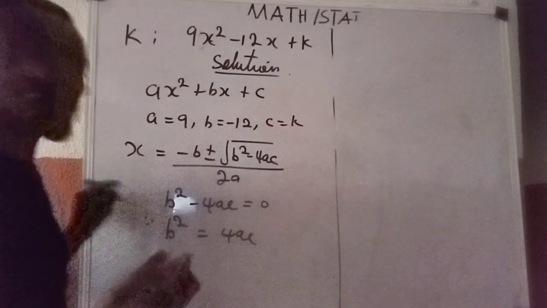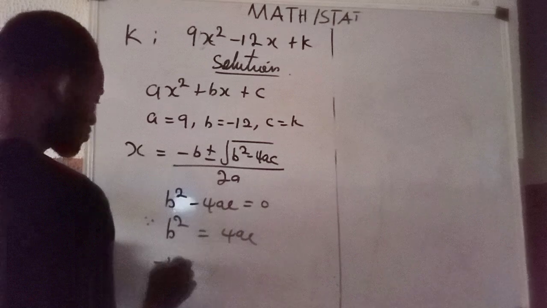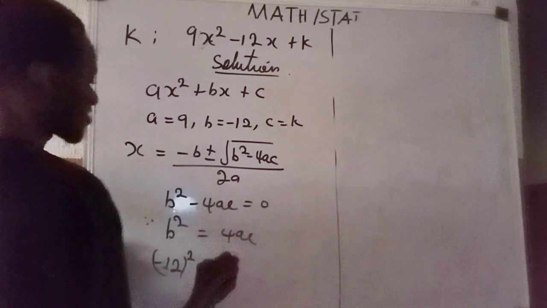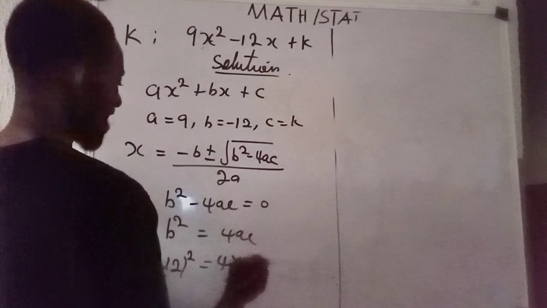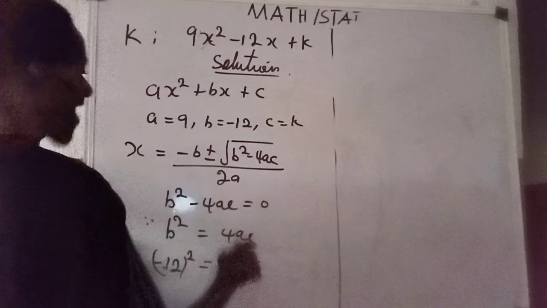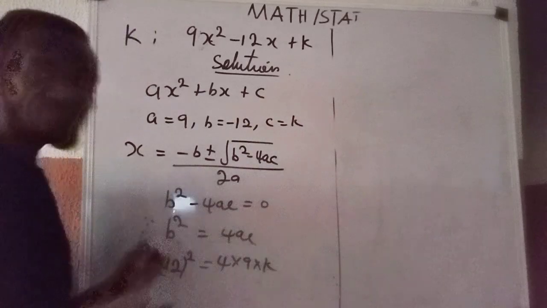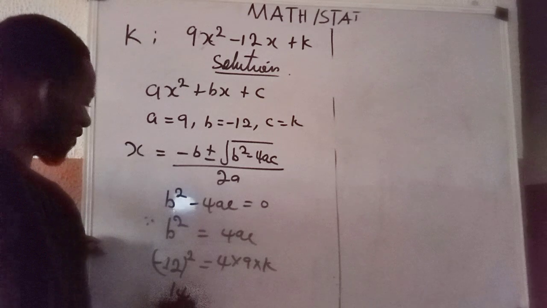My b is minus 12. So I have minus 12 all raised to power 2 equals 4 multiplied by my a, which is 9, multiplied by my c, which is k. Of course, we know that minus 12 raised to power 2 will give us 144.